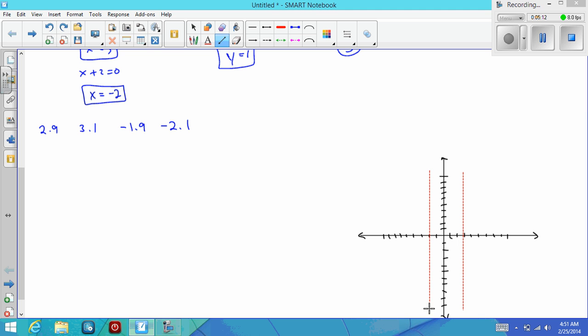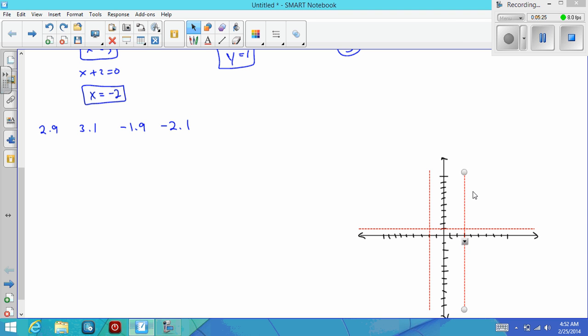And there's the other asymptote, and y equals 1. There's our horizontal. Okay, now I'm going to move this one over a little bit. All right, now I'm back to testing my values. So I'm going to work from left to right. So -2.1.